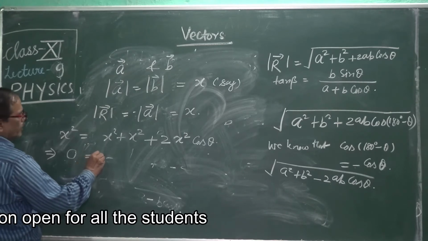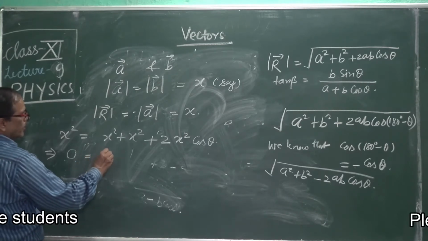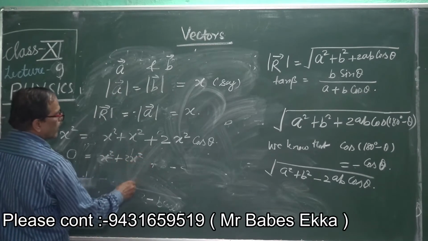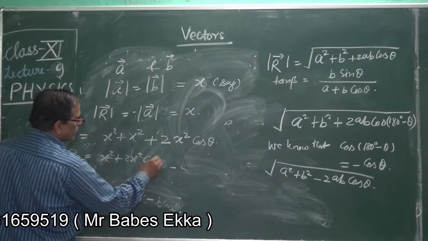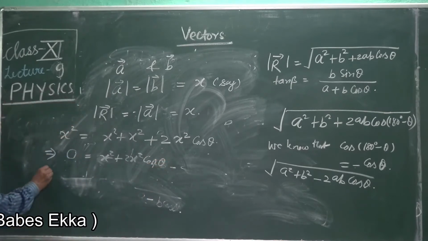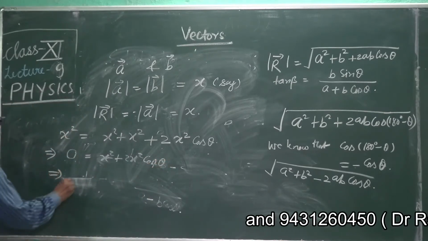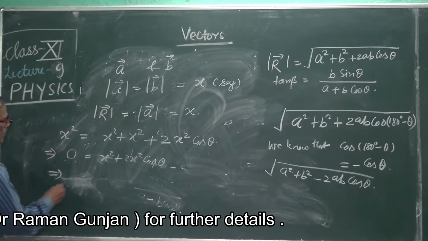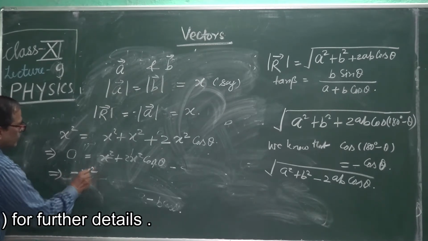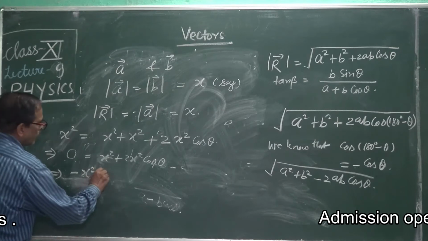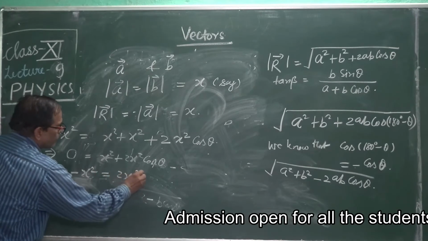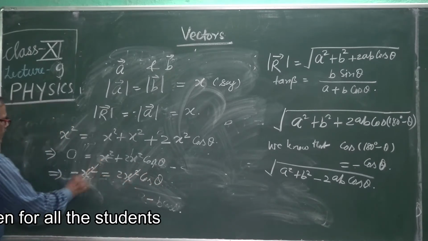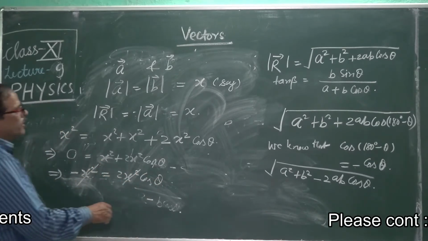x square is minus 2x square cos theta. x square cancel, so we get what?